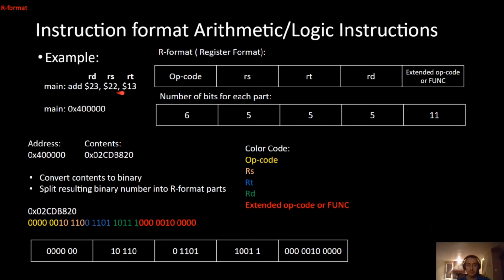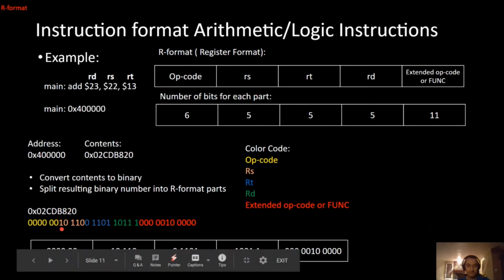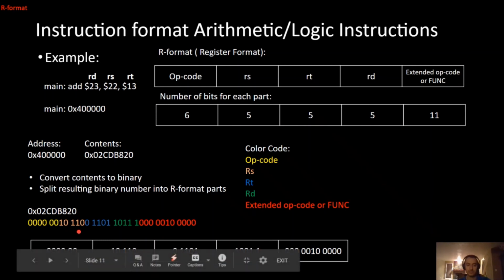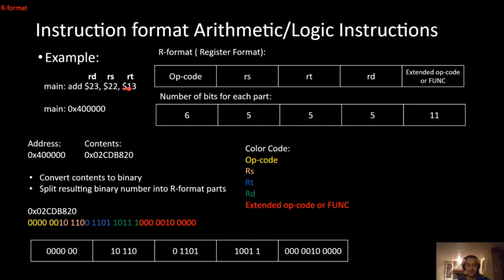The same thing goes with this. Register 22, which is RS, goes to this position. Looking at these bits, this is 16 plus 4, that is 20, plus 2, that is 22. So you see this is 22 and it's converted. The last one is 13, and 13 goes to the middle location.